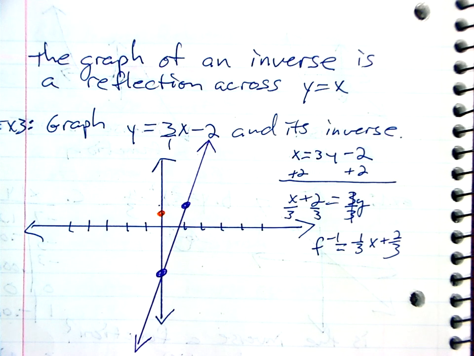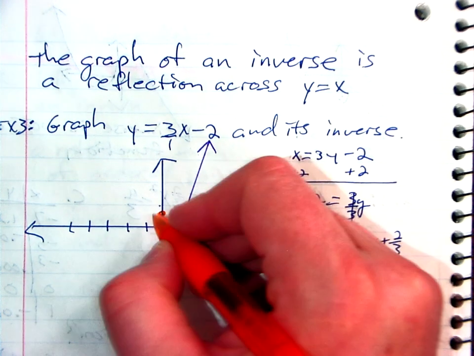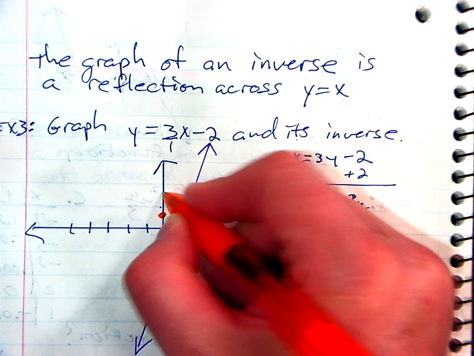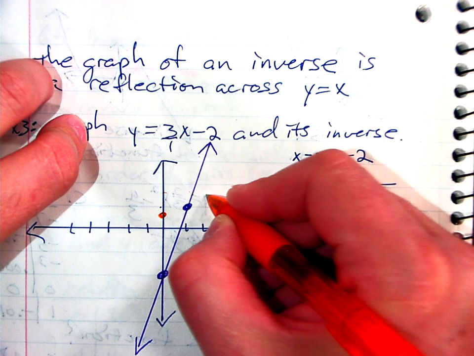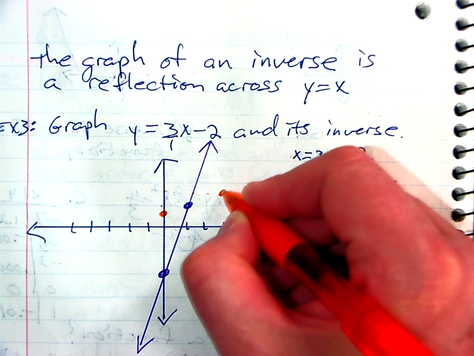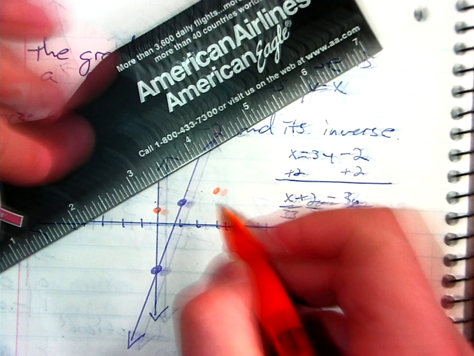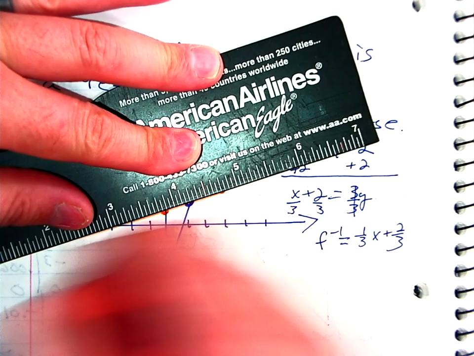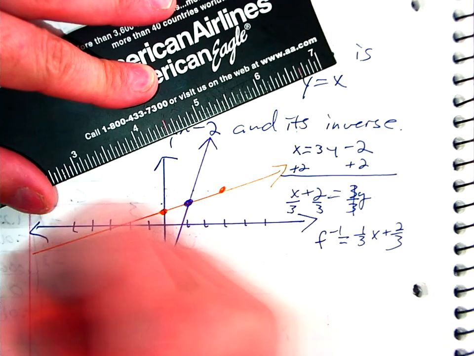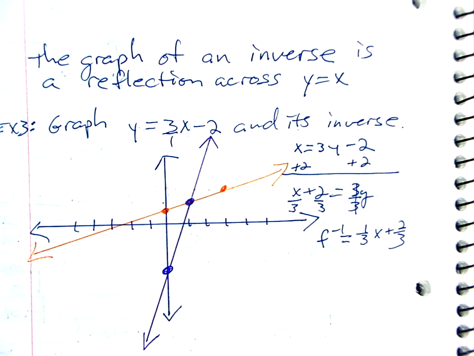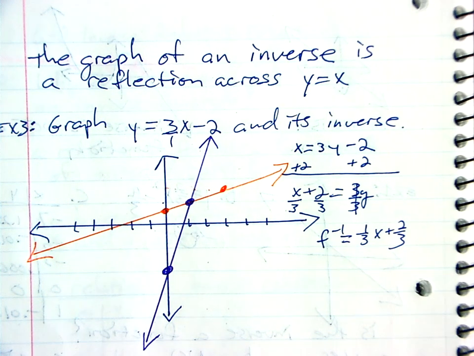Yep, that's pretty accurate. So now go up 1 and right 3. 1, 2, 3. Draw your line of your inverse. And congratulations, you just graphed an inverse.